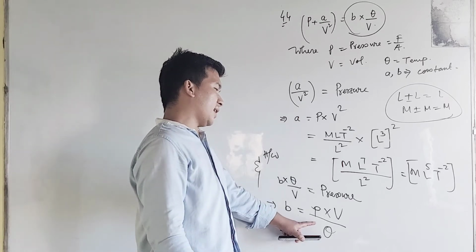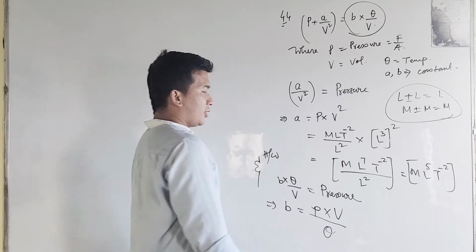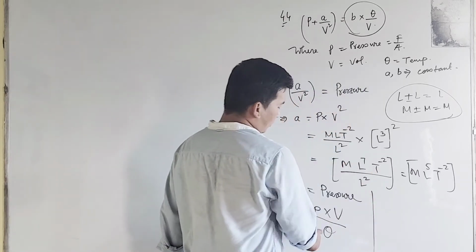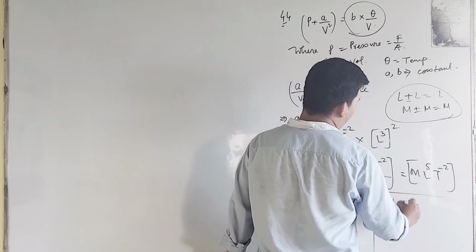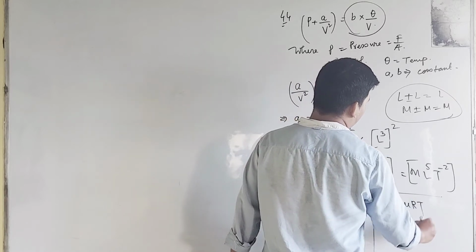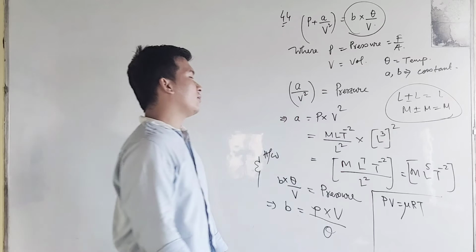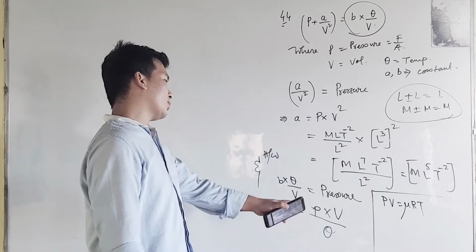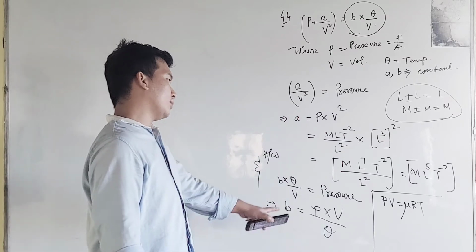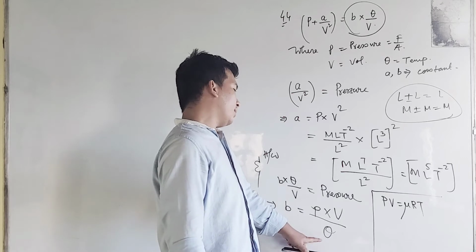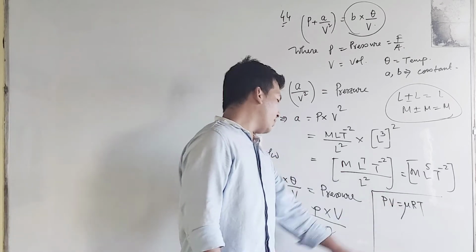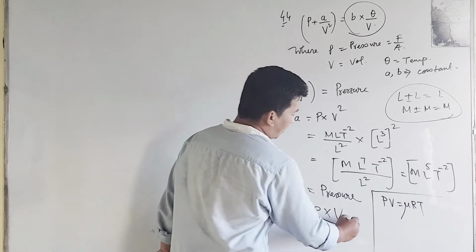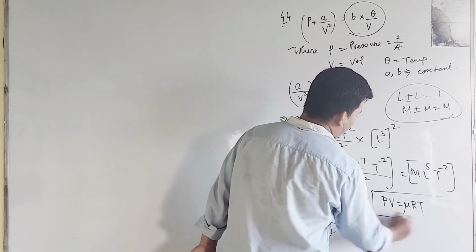Just use the concept of the ideal gas equation, PV is equal to mu RT. You just use the dimensional formula for that. PV is equal to mu RT, where temperature is in Kelvin.